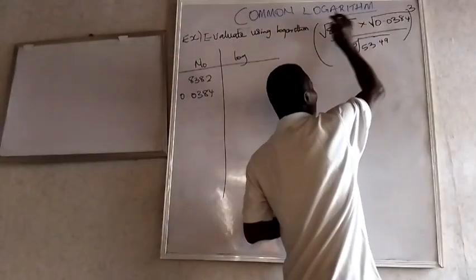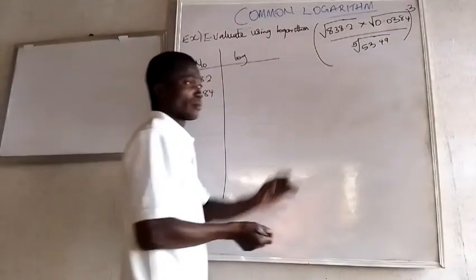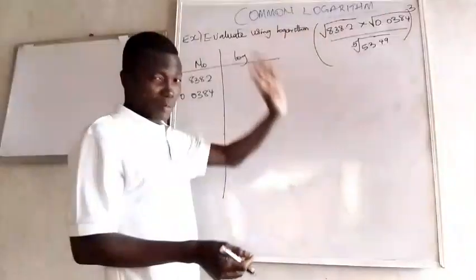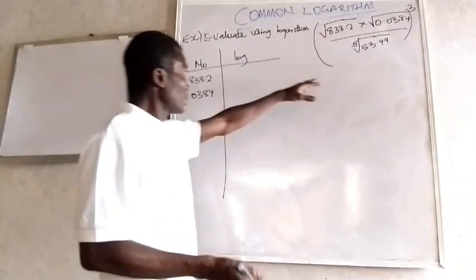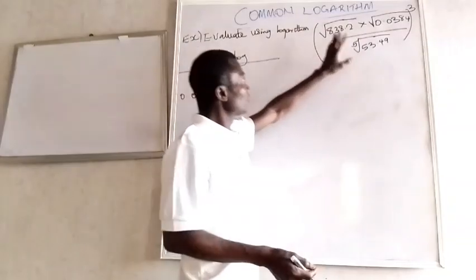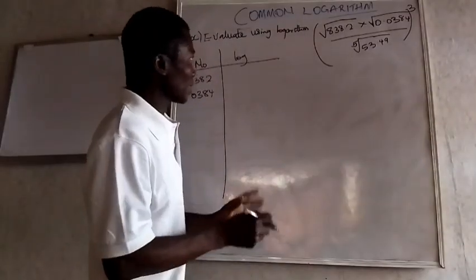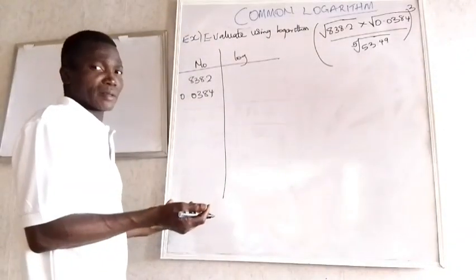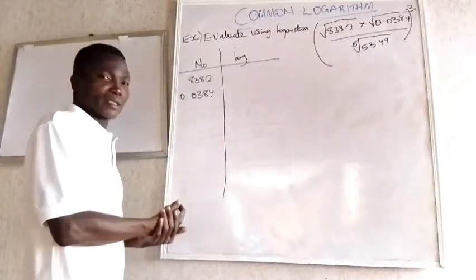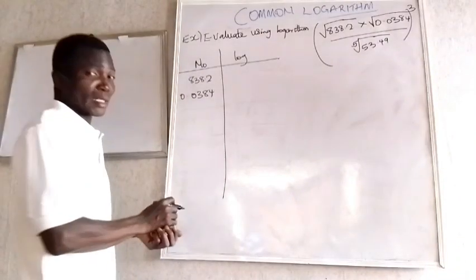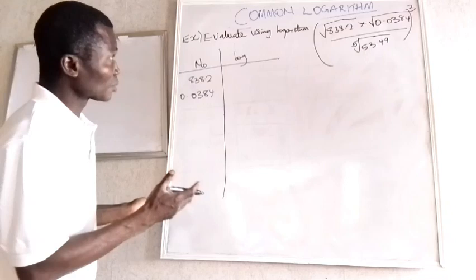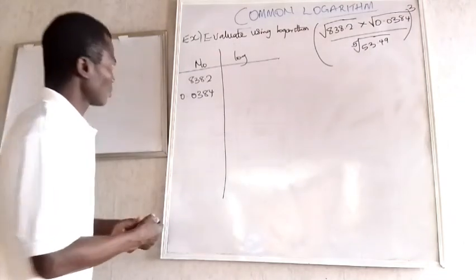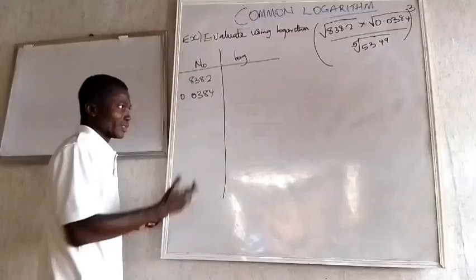Please, depending, this one might be different from this one, as in the root. This one can be cube, this one can be square root. You might need to do them separately, but for ease, in your practice, you can do it separately.